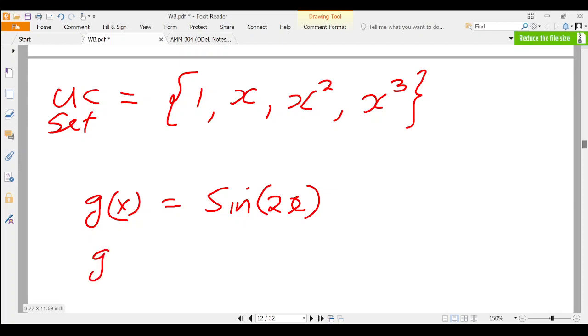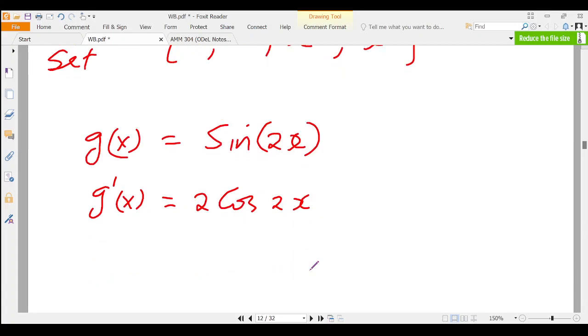and you differentiate this one, you get 2 cosine of 2x. You differentiate again, g double prime of x, and get minus 4 sine of 2x.